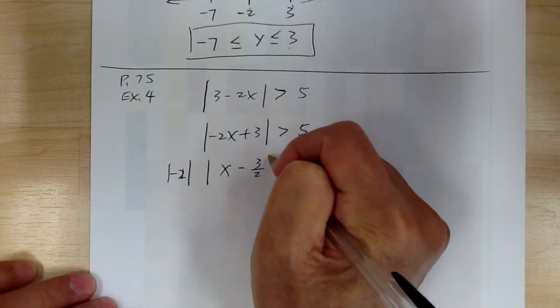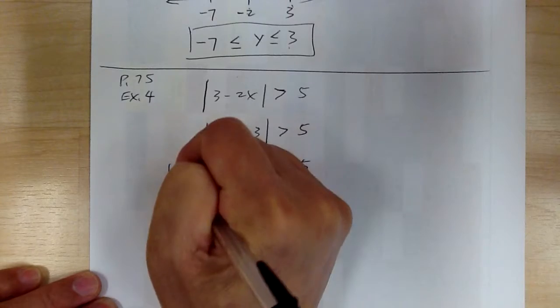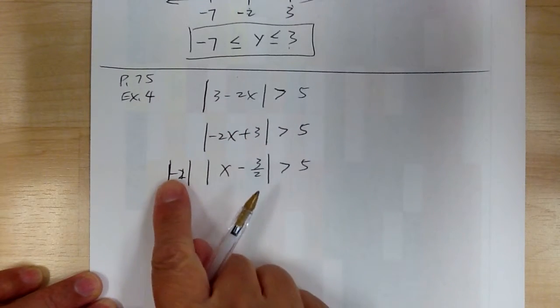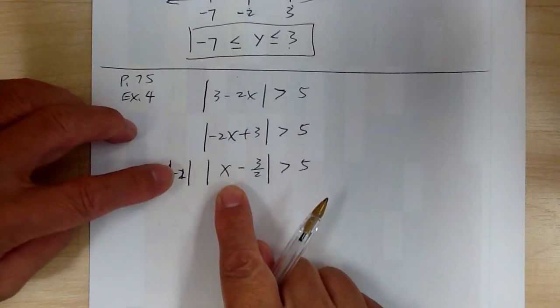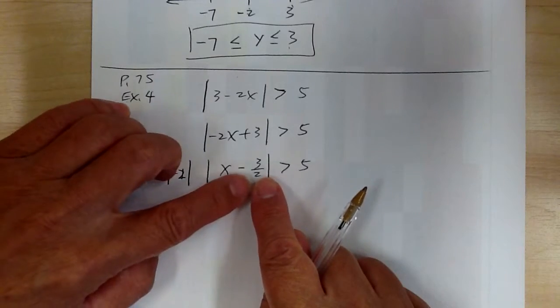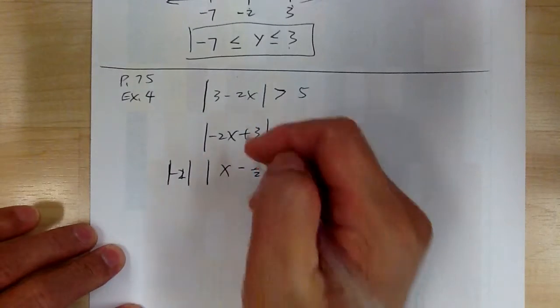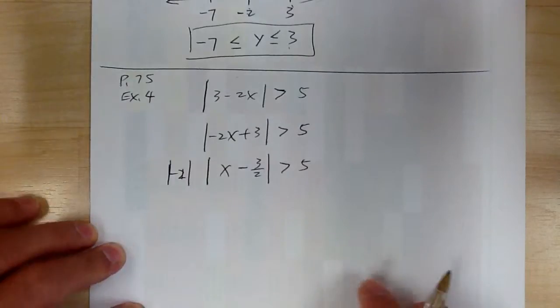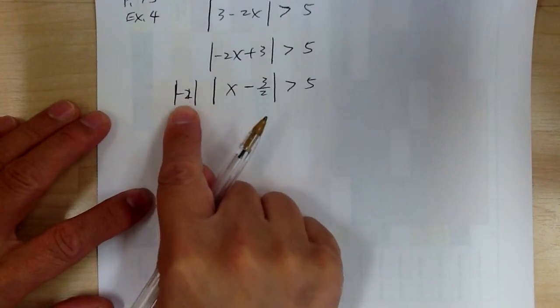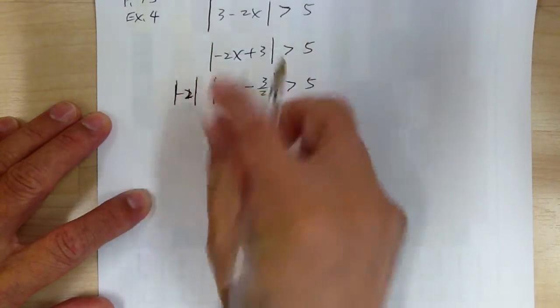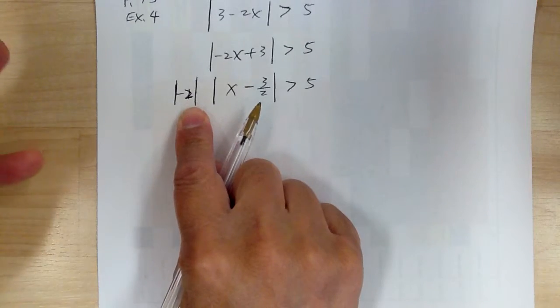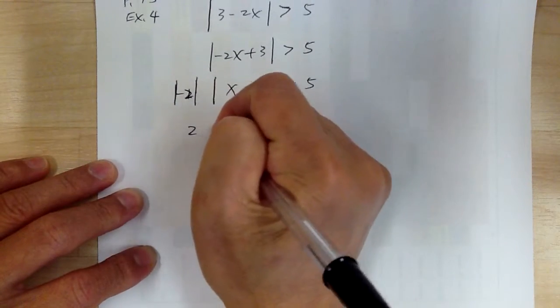When you factor out, it means you divide. And you can check your answers: -2 times x gives you -2x, and -2 times -3 over 2 gives you +3. Now you need to get rid of that absolute value. You can evaluate this because it's a number, so this becomes a 2.